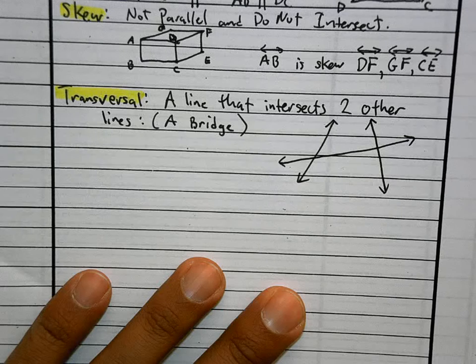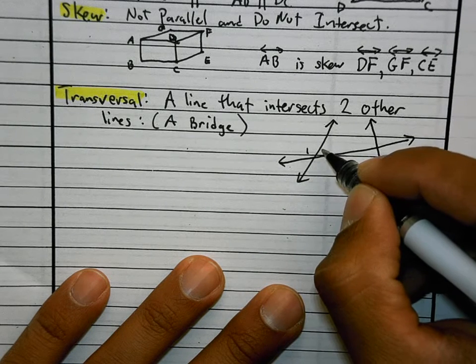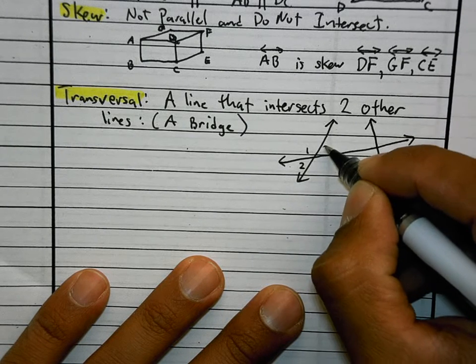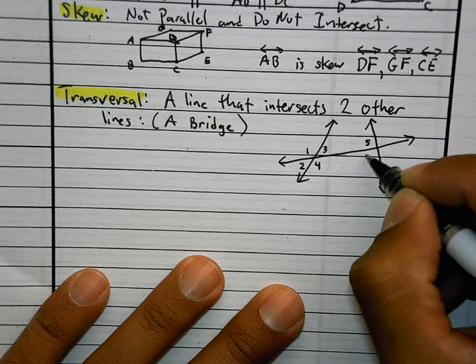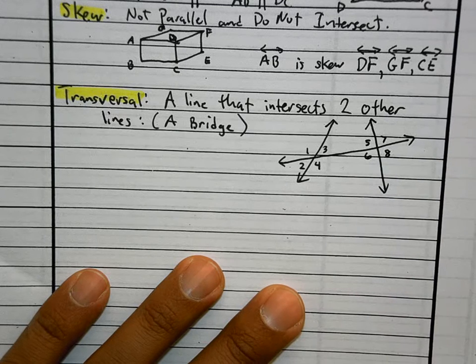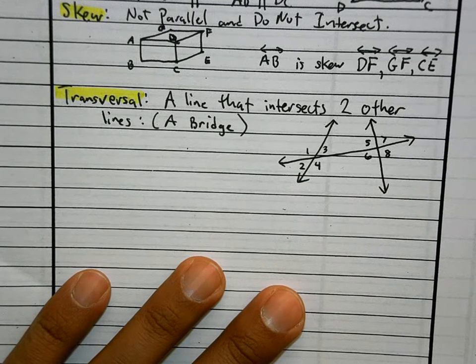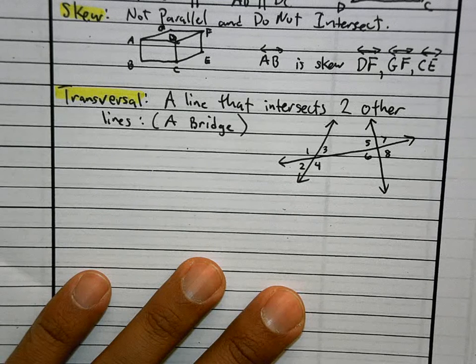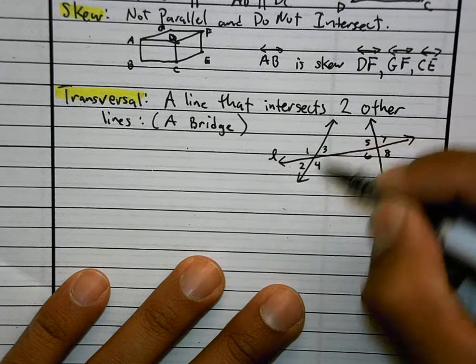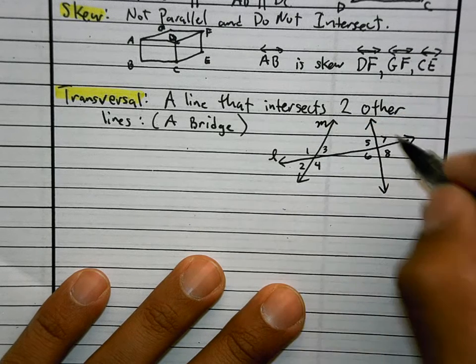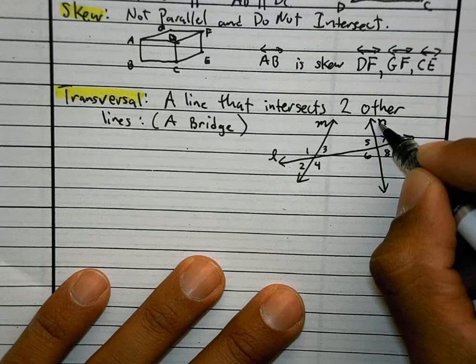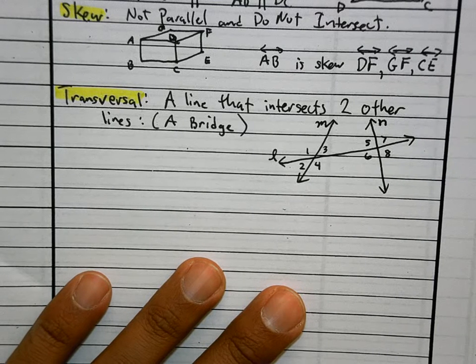And I'm going to number these things: 1, 2, 3, 4, 5, 6, 7, 8. Those are the angles that I've labeled. I'm going to label the lines now. I'm going to call this line L, lowercase, this line M, lowercase, and this one line N, lowercase. L, M, N. Math teachers like to keep things alphabetical.